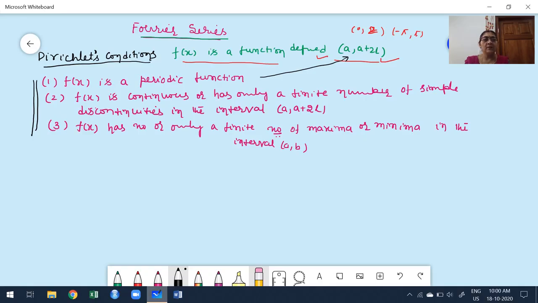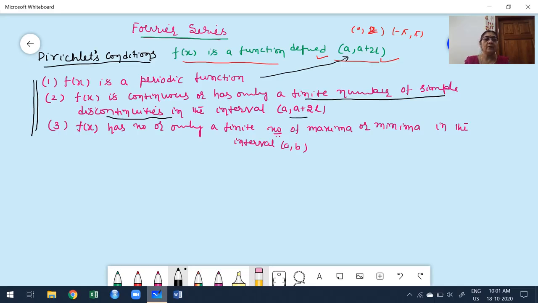And also the function is continuous in the corresponding interval. It is not necessary that it must be continuous. It may have points of discontinuity. The condition is that it must have a finite number of simple points of discontinuity in the interval.